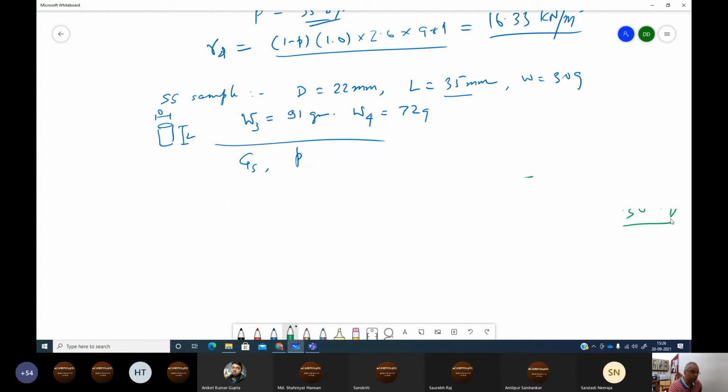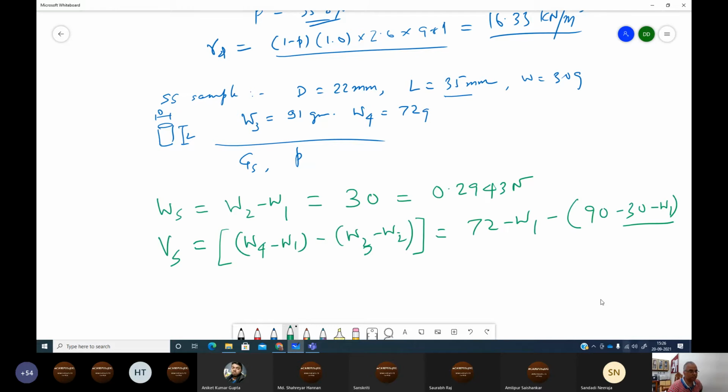This is basically W2. So you can see here, if you are considering the density of the water as 1 gram per cc, finally if you do everything, it will come 0.011 meter cube. This is what we are getting. So this is the volume displaced by the sample.